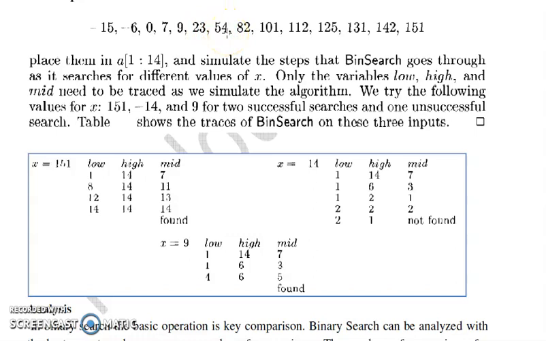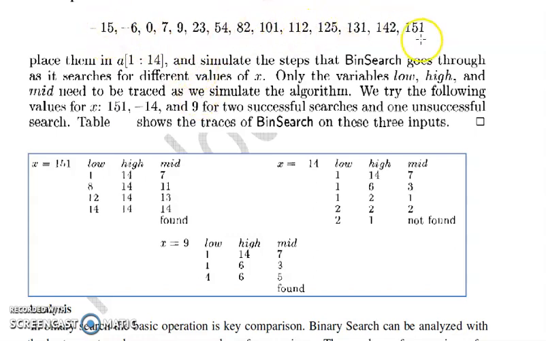Now let us check whether the key element is equal to the middle element. Is it equal? No. This 151 is higher than the middle element, so we have to search towards the right side of the middle element, because the key element is greater than the middle element. So low becomes mid plus 1.